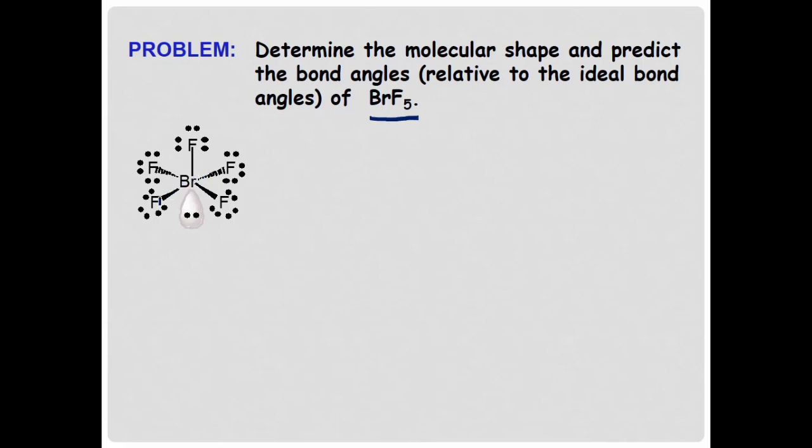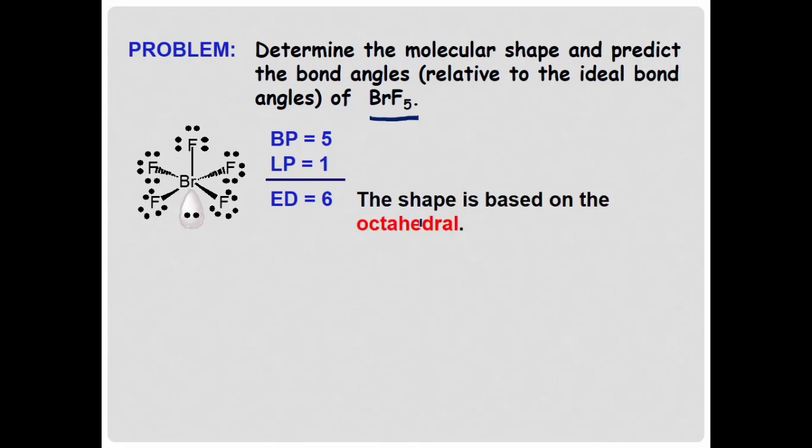Bromine has 5 bonds with fluorines and 1 lone pair, so the bonding pairs are 5 and the lone pair is 1. The electron domain is 6. For 6 electron domains, we refer to the octahedral arrangement, and the symbol is AX5E. The final shape is square pyramidal.